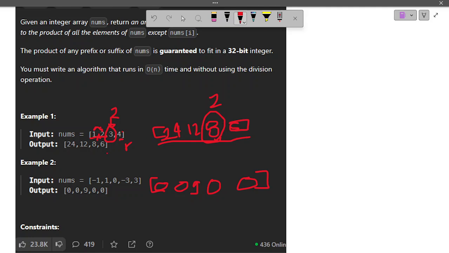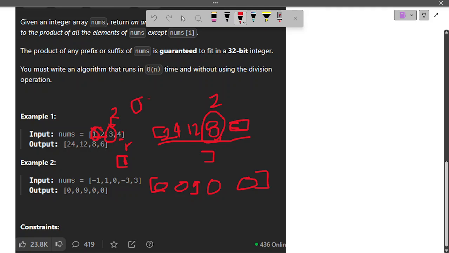So if somehow you find the product of all the elements to the left of the current element and to the right of the current element, that solves it. Suppose you build an array containing the product of all left elements. At the first index the left product is 1, because for a product the minimum is 1.